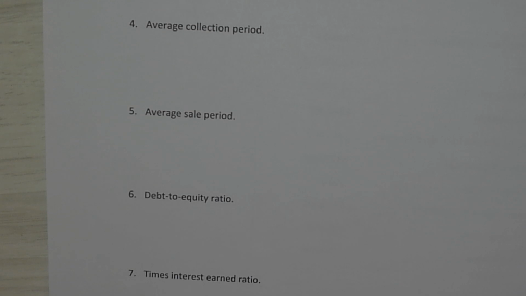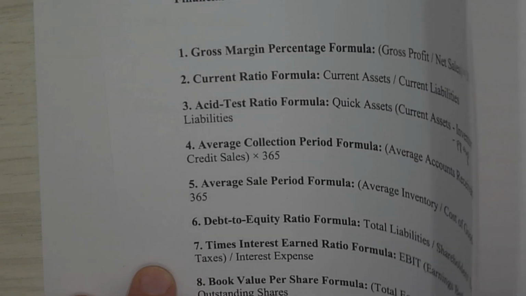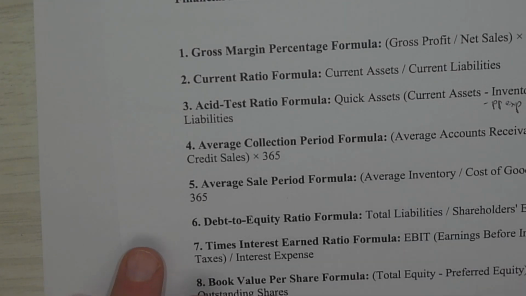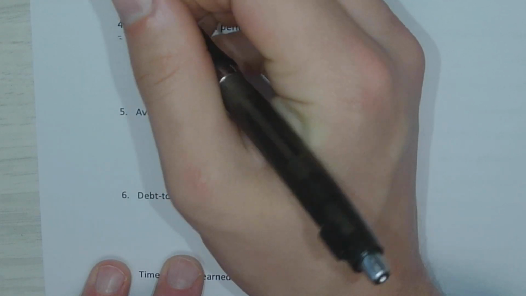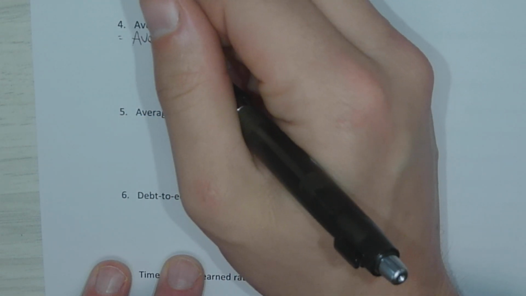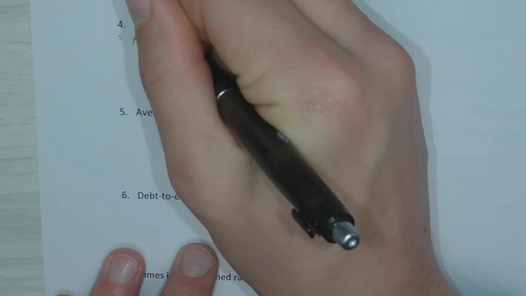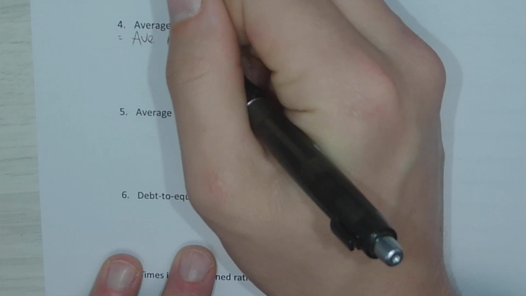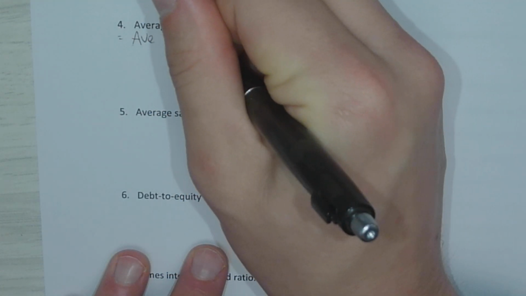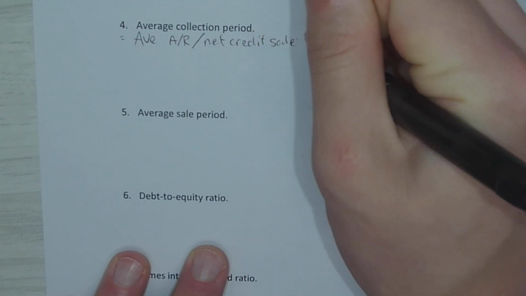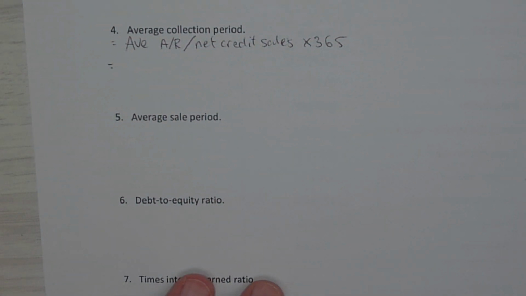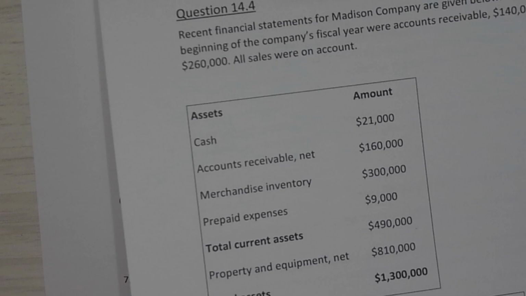The next one is our average collection period. So our average collection period is our average accounts receivable divided by our net credit sales times 365. So what is our average accounts receivable?